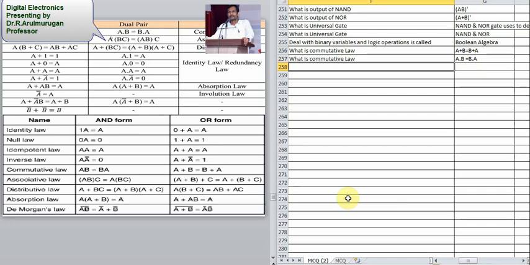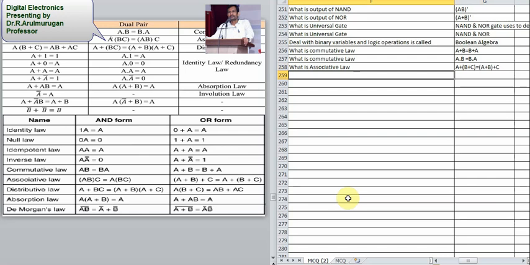Then the associative law. What is the associative law? A plus B plus C is equal to A plus (B plus C).